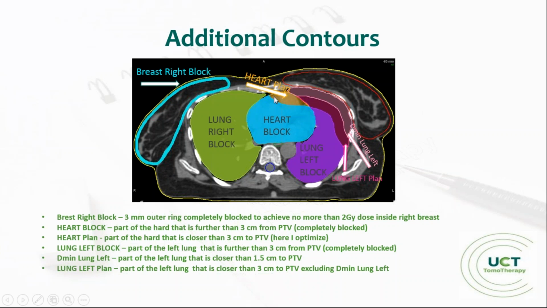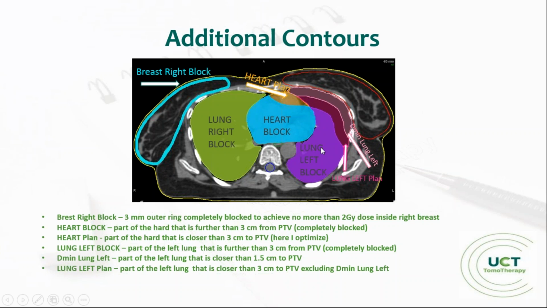Then I created a 3 centimeter margin around the PTV, and the part of the heart that didn't cross-section with this structure I put completely blocked and named it heart block. The other part I named heart plan, and this is the part where I made my optimization.